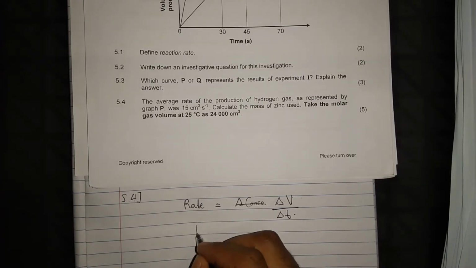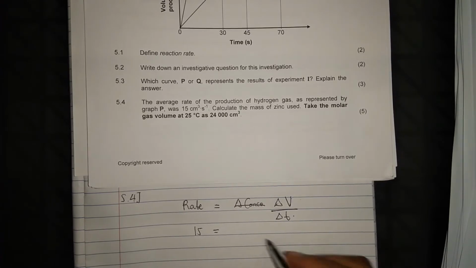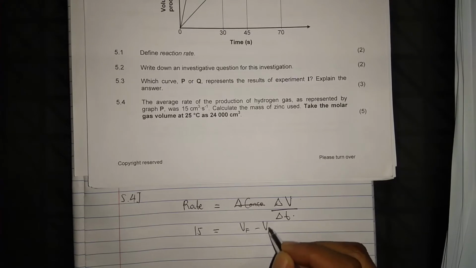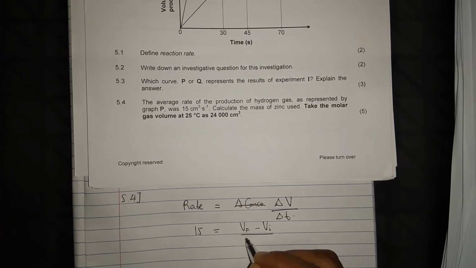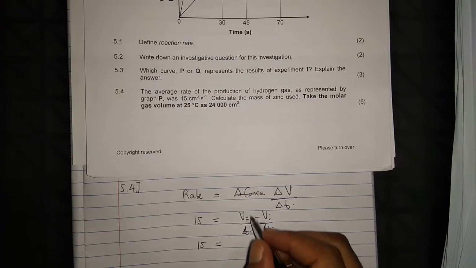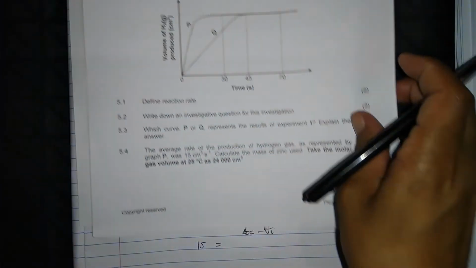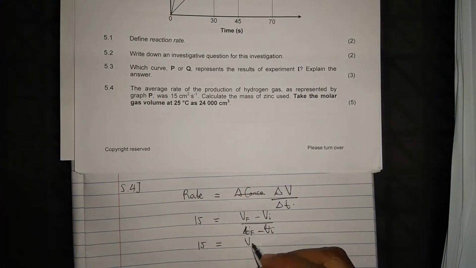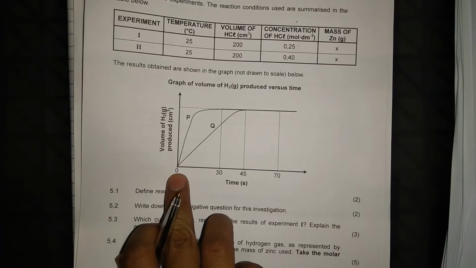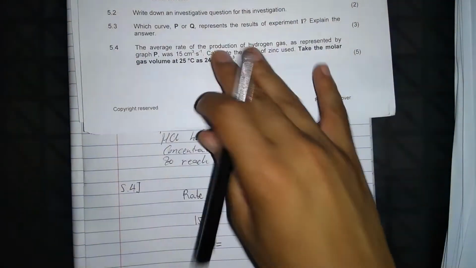So we have 15 equal to final volume minus initial volume over final time minus initial time. So 15 equals final volume minus the initial volume, which is 0, because at time 0 the volume is also 0.